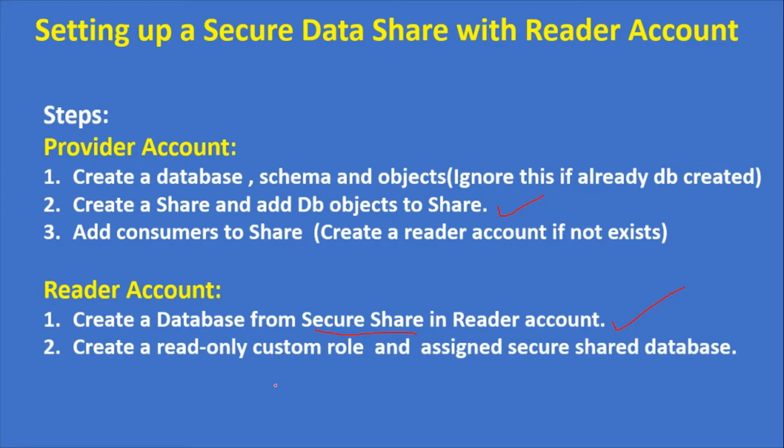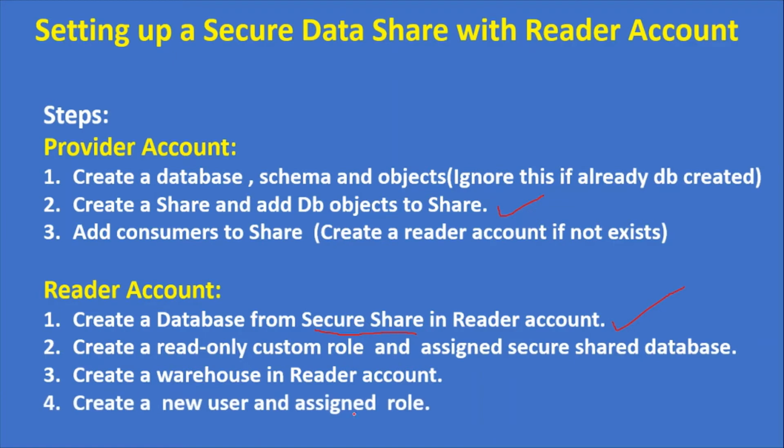Create a read-only custom role and assign the secure share database to this role, and create a warehouse in the reader account, and create a new user and assign the role you have created in the previous step to this new user, and share these user credentials with whom you are going to share these database objects.